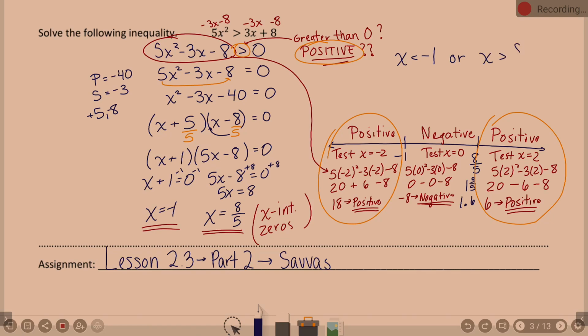In interval notation, less than negative 1 goes infinitely left, so negative infinity to negative 1. Starting at 8/5 and going right, it's 8/5 to infinity.